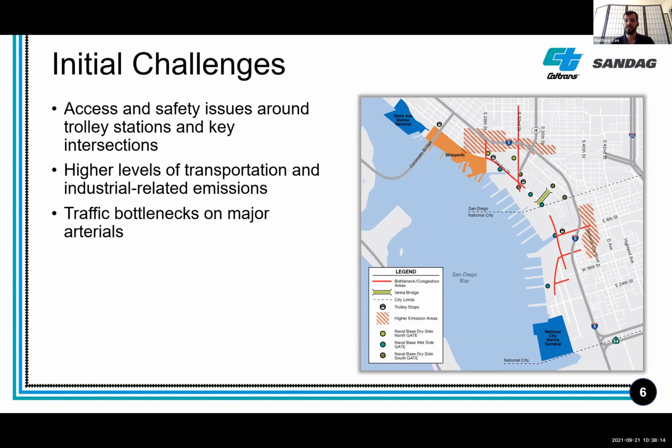We've noted that there are higher levels of transportation and industrial related emissions in the area, particularly, if you notice the map on the screen, just in National City, as well as in a lot of the Barrio Logan community near the shipyards and Naval Base San Diego. Another concern that we've identified is the traffic bottlenecks on major arterials, like I mentioned earlier, especially those leading to Naval Base San Diego on 32nd Street, as well as East 8th Street, and of course in the community on Cesar Chavez and 28th Street, and on Harbor Drive itself.